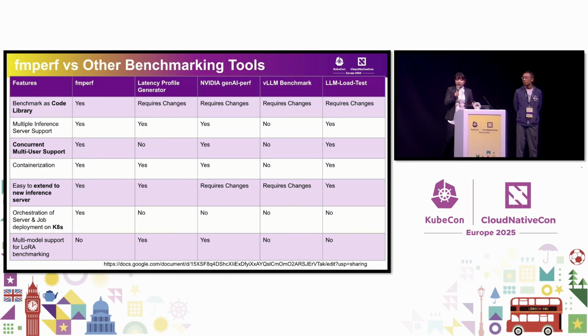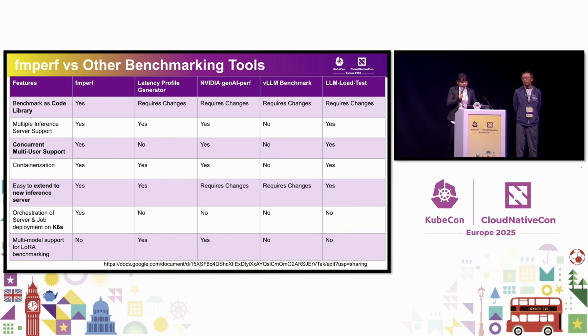So there are also a lot of other open source benchmarking tools from different communities. We actually, in the working group of serving, started all of those, and then we decided to consolidate the effort into a standard way to contribute. And we actually donated Fmperf to this community, so we help other companies or other contributors to not repeat the same tooling process, like creating YAMLs for the deployment and jobs.